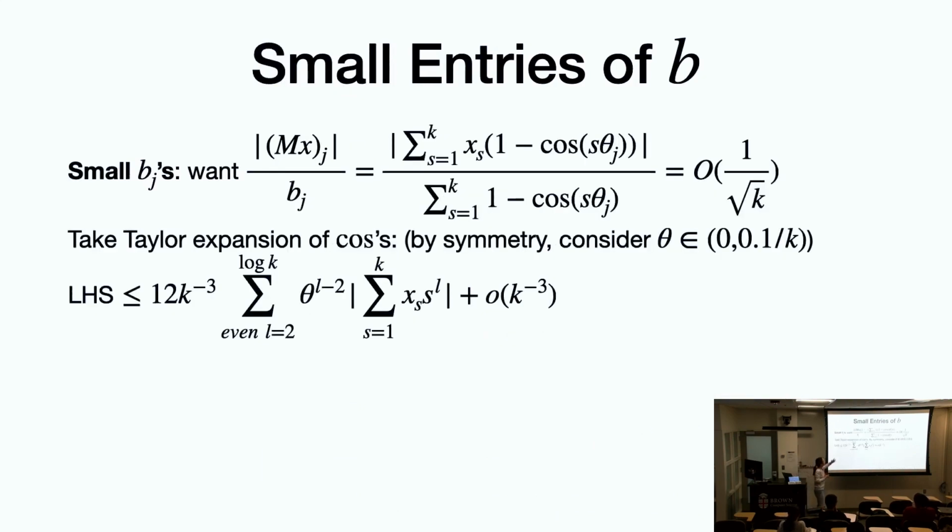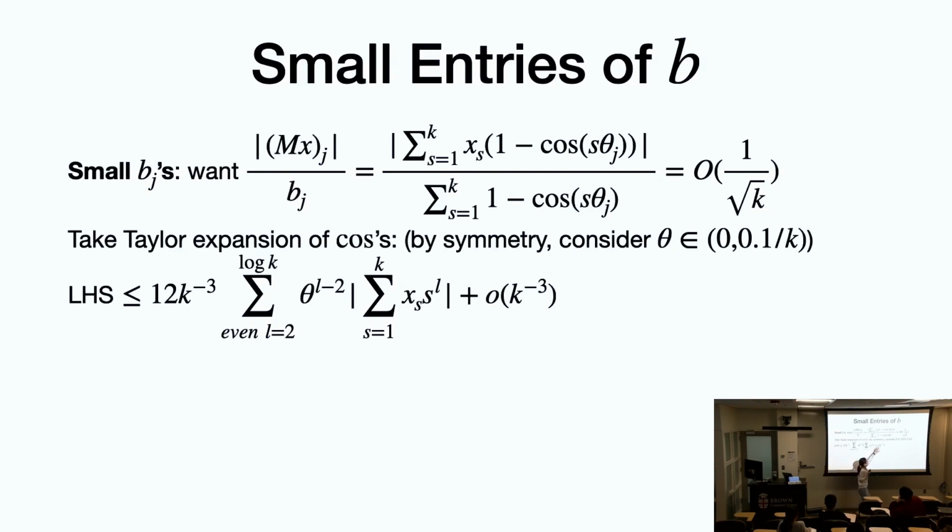For the small entries b_j, we want the absolute value of this ratio to be at most some constant over root k. And by symmetry, as we said before, the small entries b_j correspond to theta j either very close to 0 or very close to 2 pi.